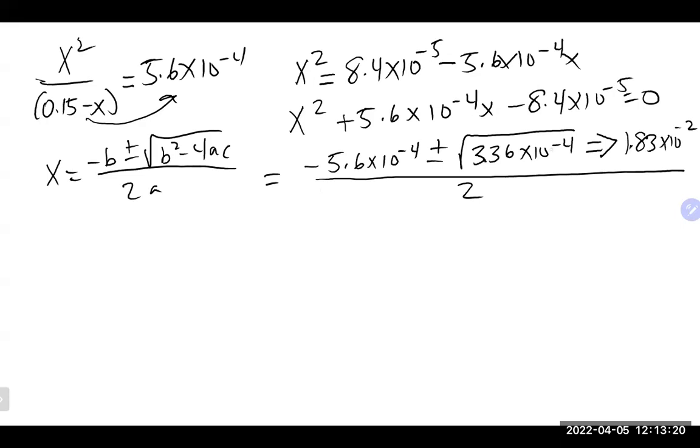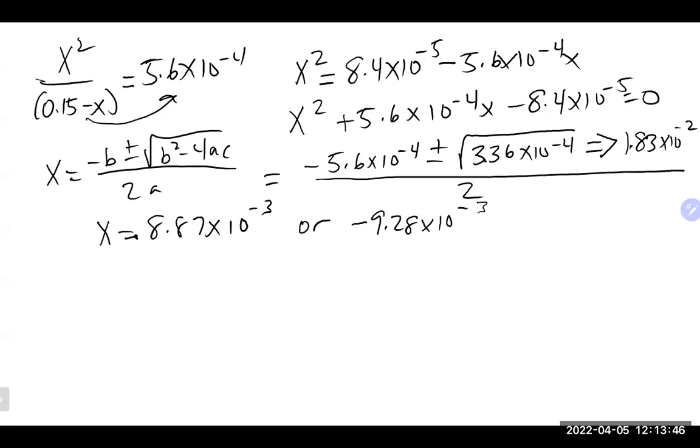Doing the positive first here, so adding the top and dividing by 2 gives us an x value of 8.87 times 10 to the minus 3 there. Doing the subtracting part will give us a negative 9.28 times 10 to the minus 3 as well.